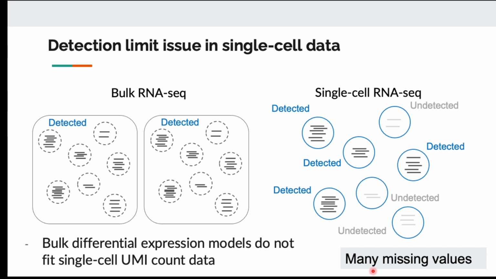It expects that you have most of the measurements in your data. So one thing that people found is that everything we learned about differential expression doesn't fit single cell data. So people had to come up with different techniques, different ideas to tackle it.